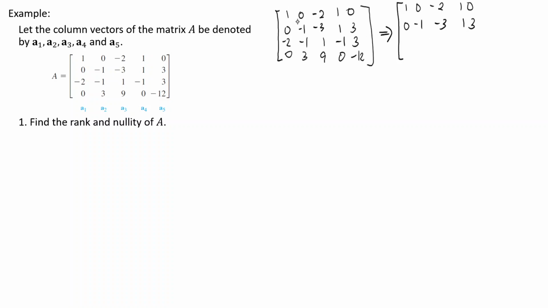Then we multiply row 1 by 2, and then we add to row 3. So we have 0, negative 1, negative 4, so that's negative 3. And then we have 2, so that's 1. And then we have 3. Then we have 0, 3, 9, 0, negative 12.